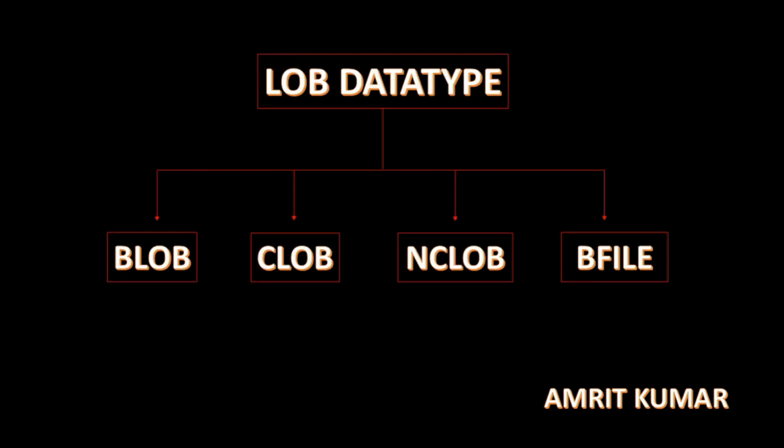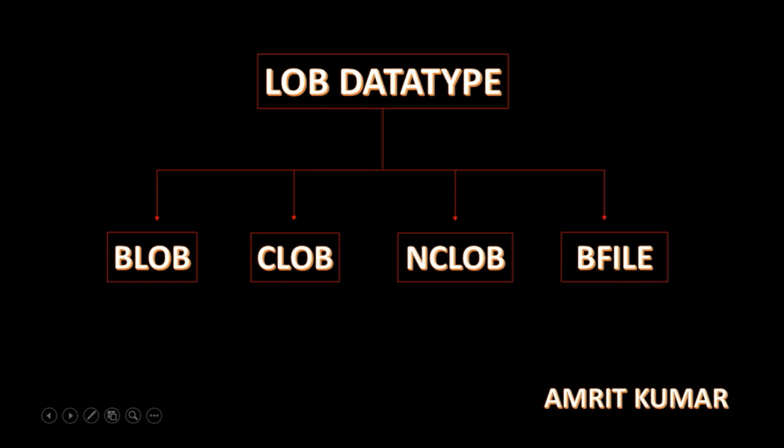Moving on to the LOB data types. The LOB data type is categorized into four types. The first data type is BLOB, the second is CLOB, the third is NCLOB, and the fourth is BFILE.